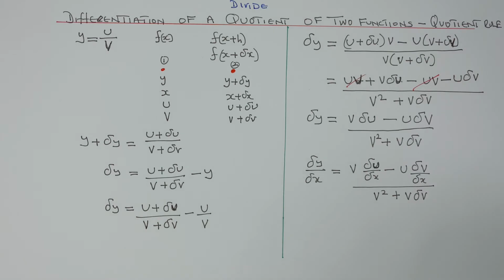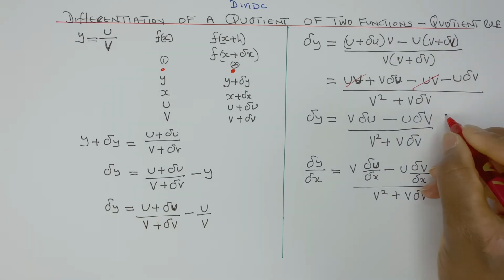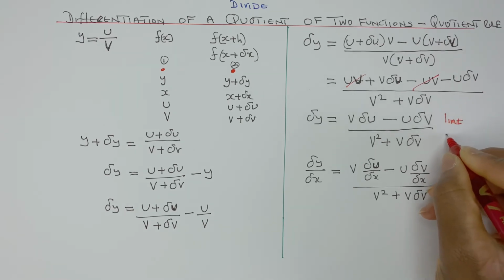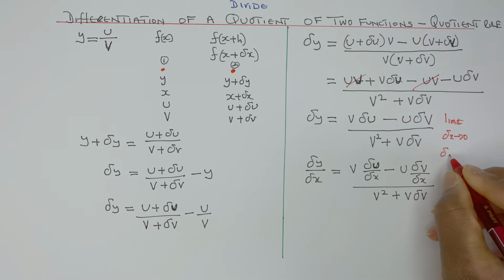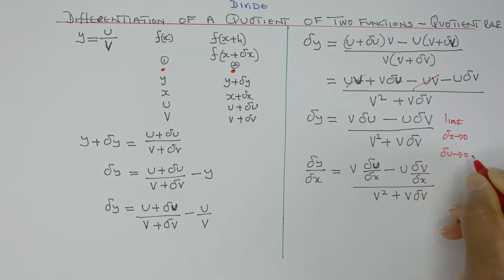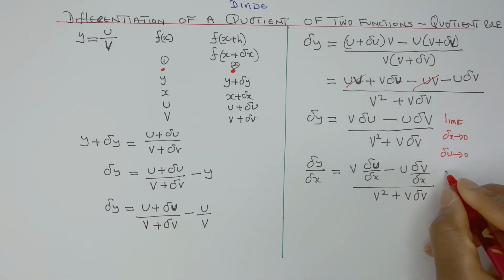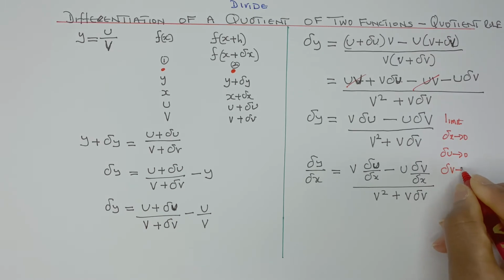So now we need to do the limit situation here. In the limit, as delta x tends to 0, then delta u will tend to 0. We also will have delta v tend to 0.